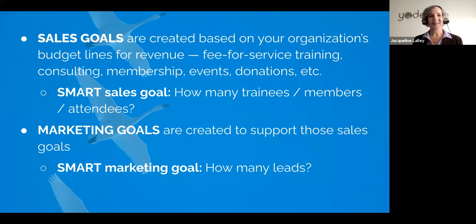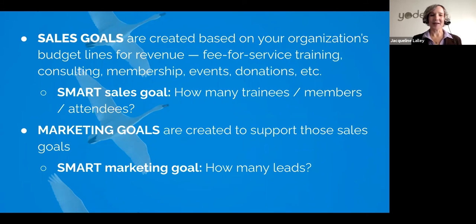How many leads are we going to need to produce that many actual trainees? So it's not we're going to market so we can get 50 training attendees. It's we're going to produce 500 leads so we can get 50 actual trainees at a 10% conversion rate.